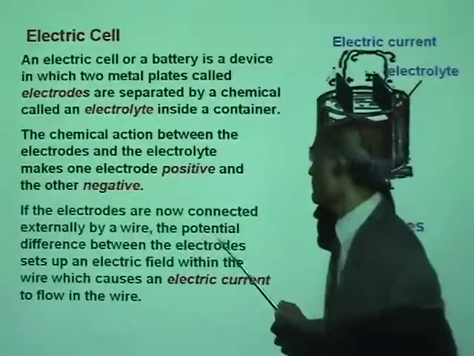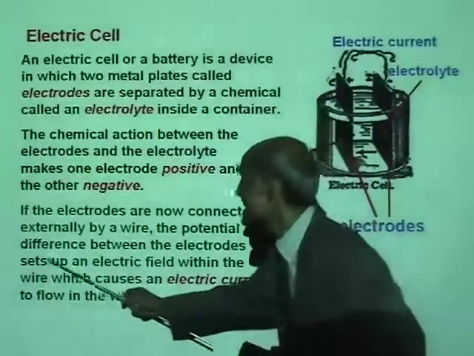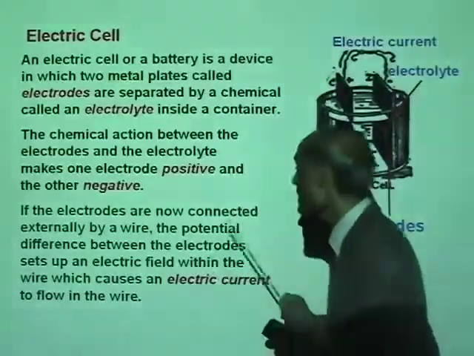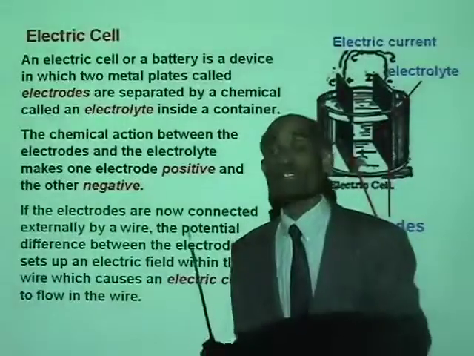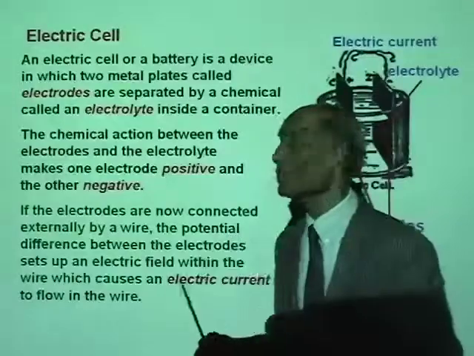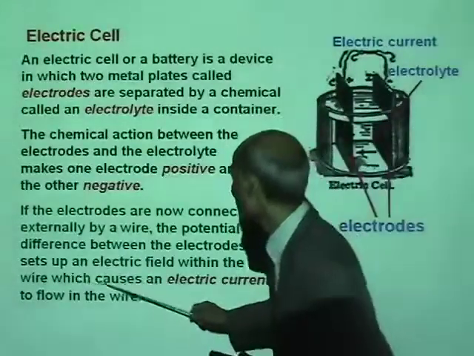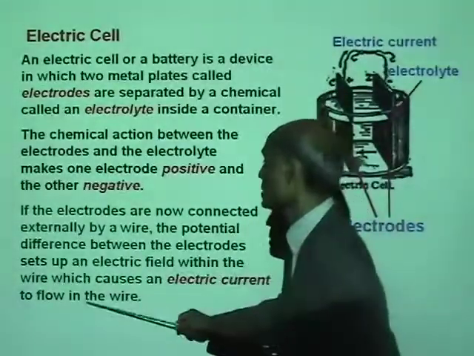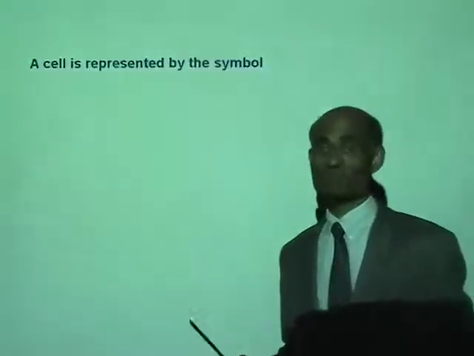Now, the potential difference will set up an electric field within the wire. It is the electric field which is responsible for the flow of the charges, and that will cause an electric current to flow in the wire.